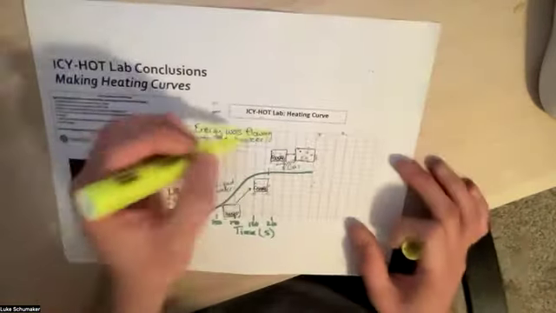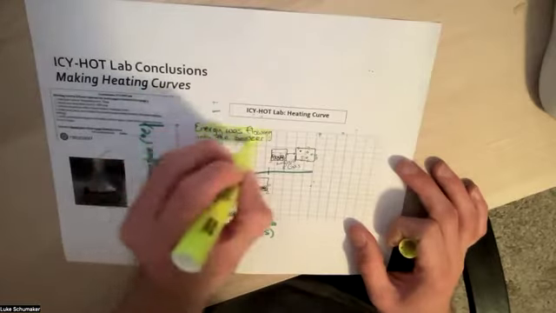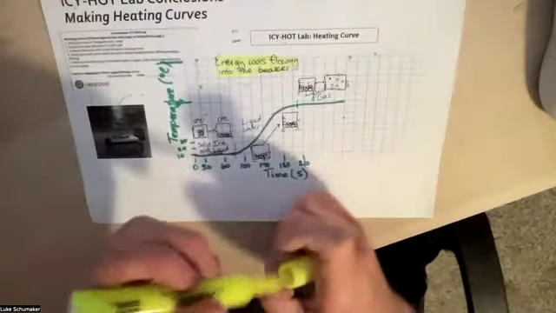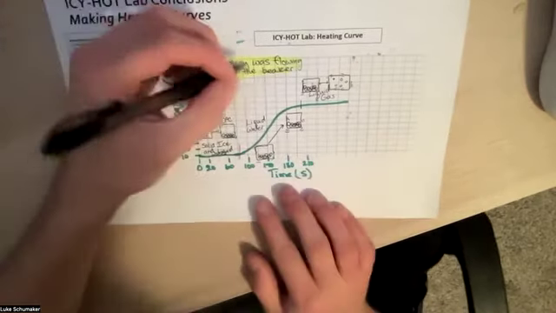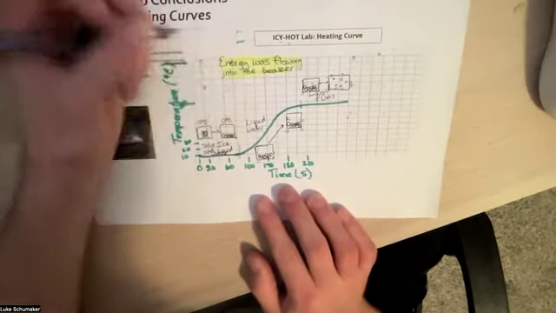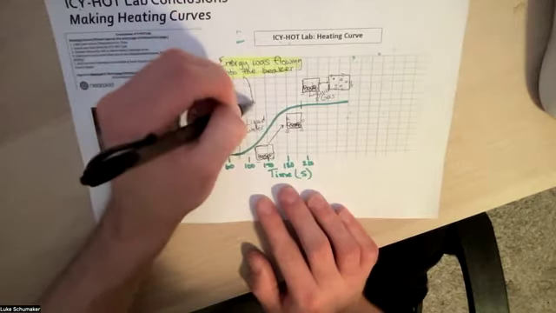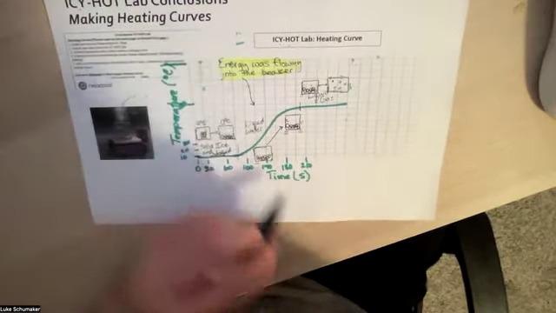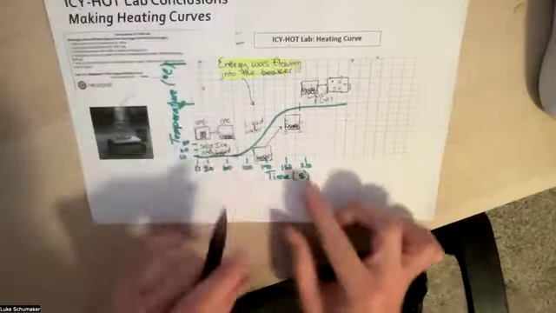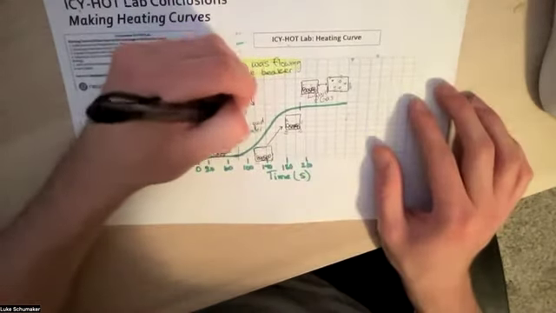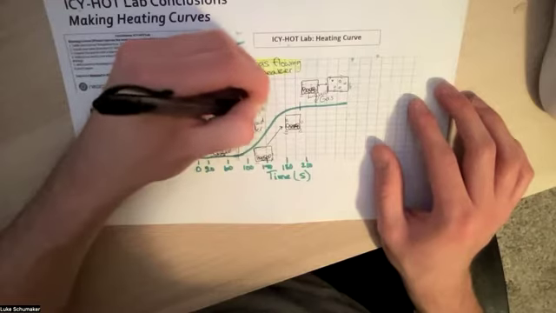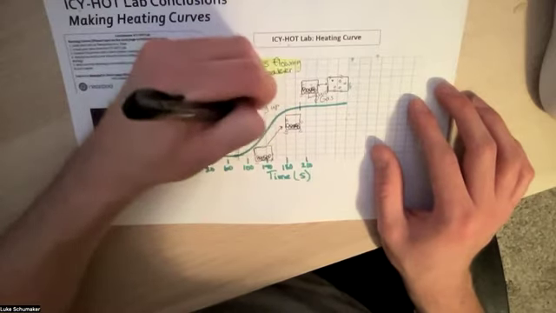But what our energy was doing was different things in each region. Actually, let's do the middle region first, because we're more familiar with this. In the middle region, it's really clear that the energy is going to speed up those particles. So energy is speeding up particles.